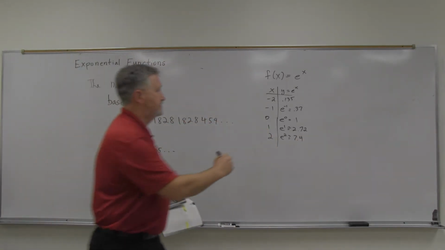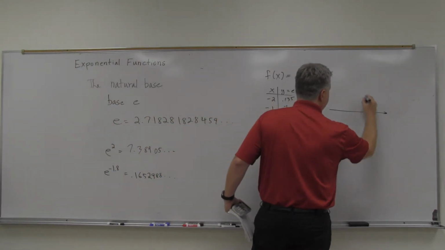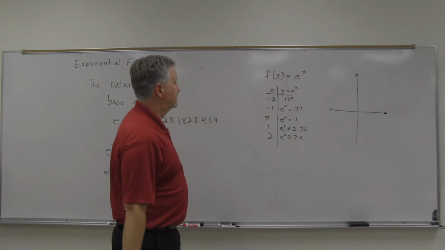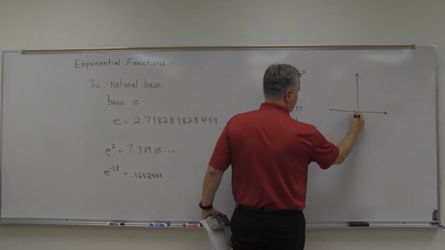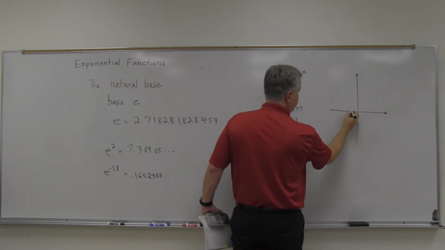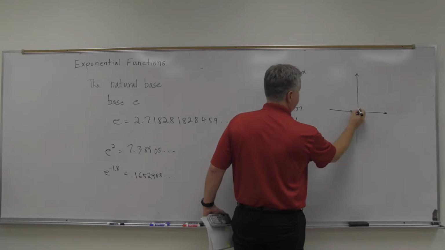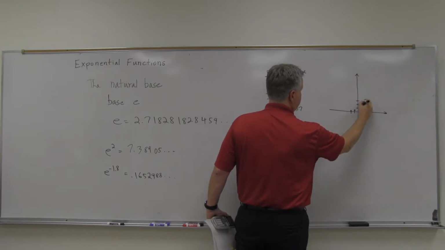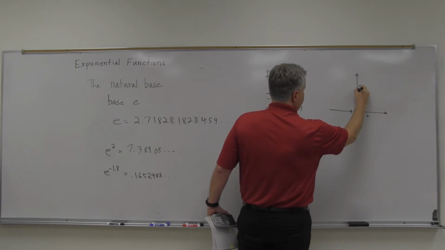Yeah, so those values show, again, we're just talking about that hockey stick shape growing exponentially, increasing. At 1 we're at 2.72, and then at 2 we're at about 7.4.